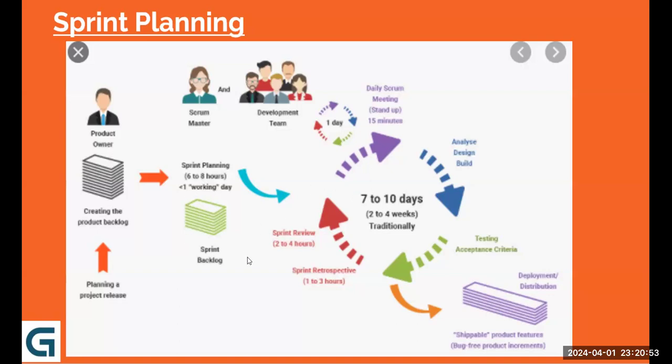Likewise, for the sprint review meeting you are booking for 5 hours, and for the sprint retrospective meeting you are booking for 4 hours. That's the reason the maximum and minimum durations exist. However, it may vary; not necessarily will it go for 8 hours.